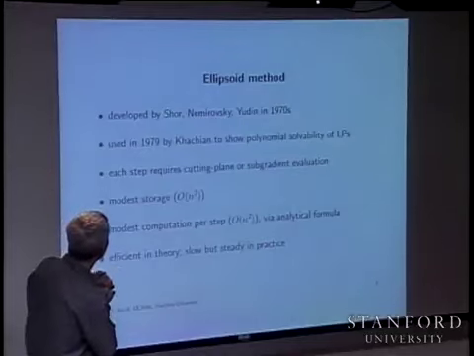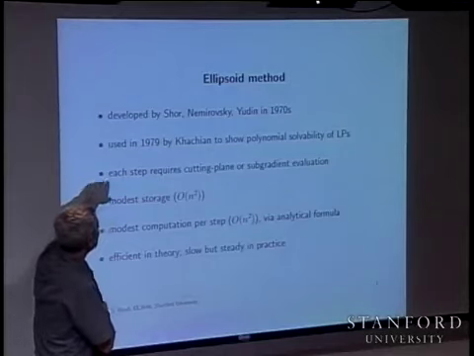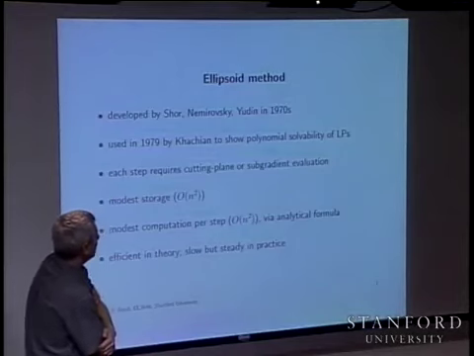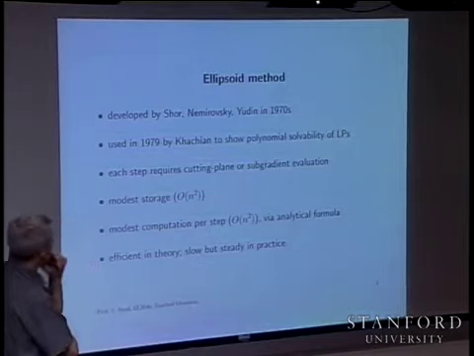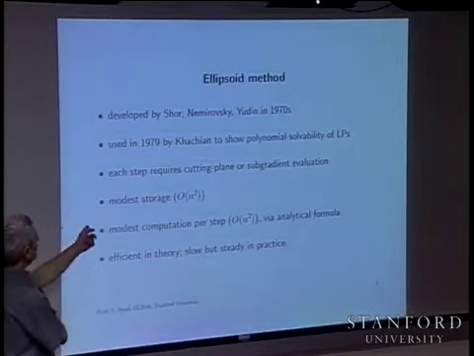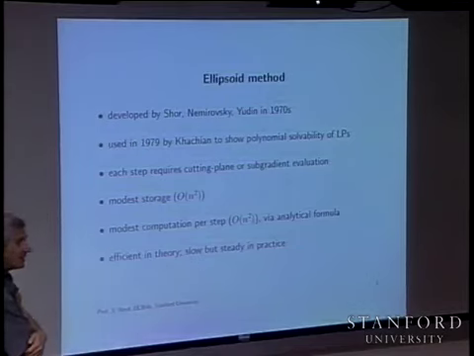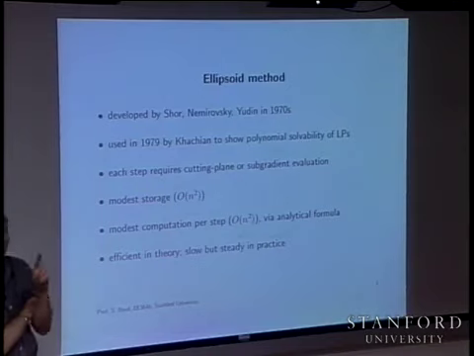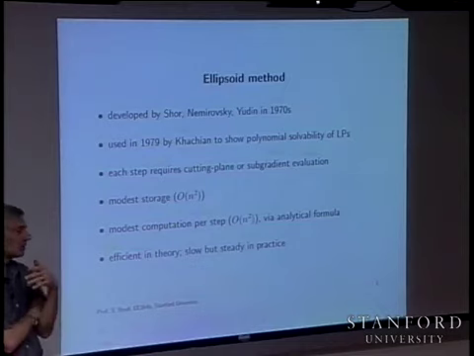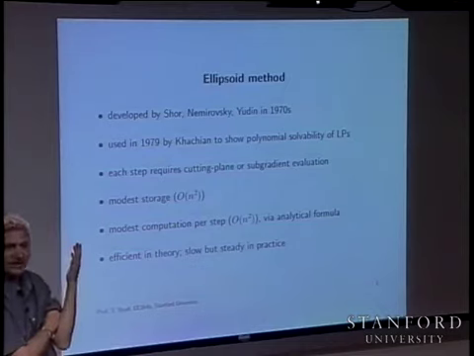Now each step is going to require a cutting plane or subgradient evaluation, so it's the same as everything else. You're going to have modest storage, O(n^2). If you do the analytic center cutting plane method with dropping, the storage is n squared, because you have n variables and you store, let's say, 3n or 5n constraints.